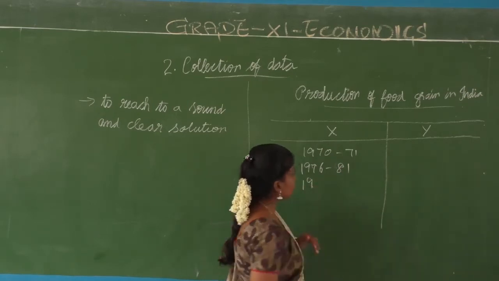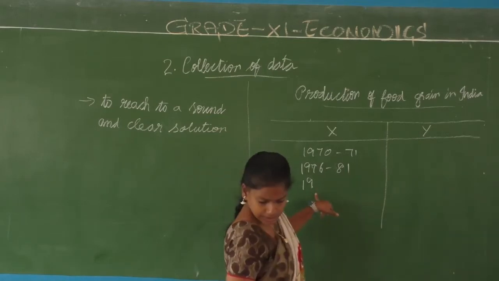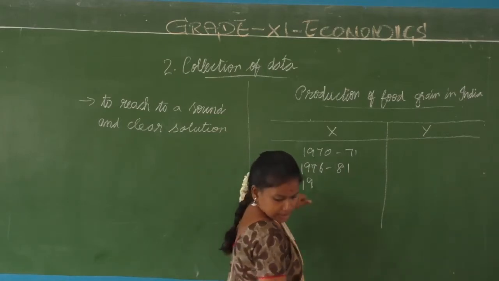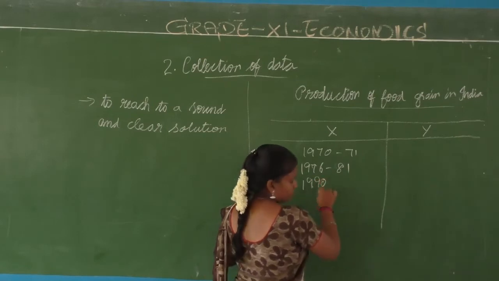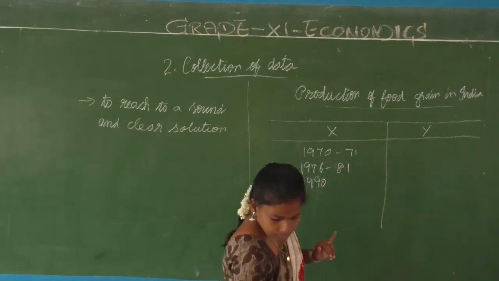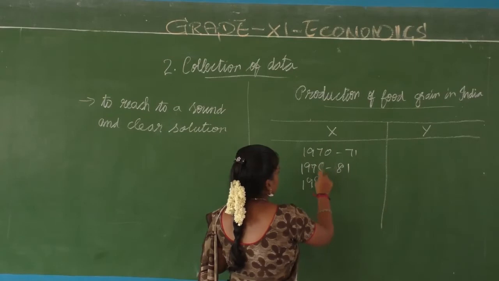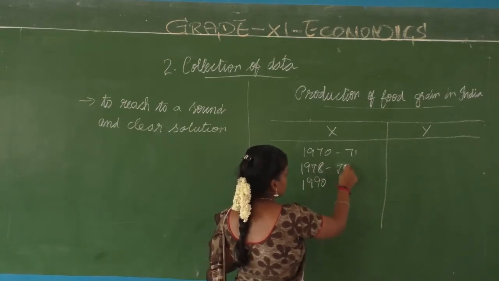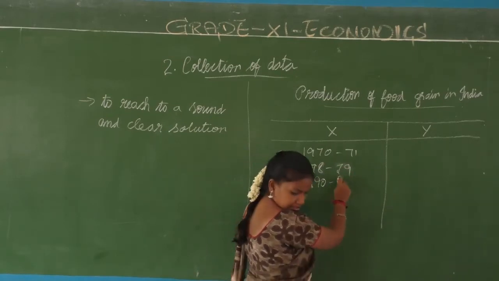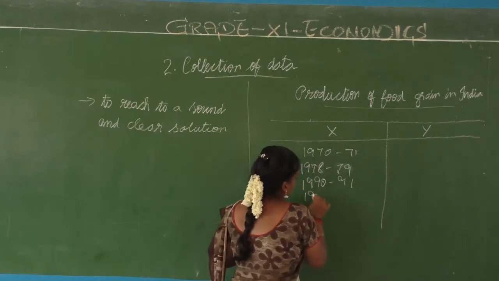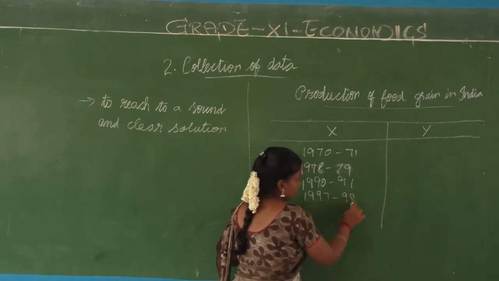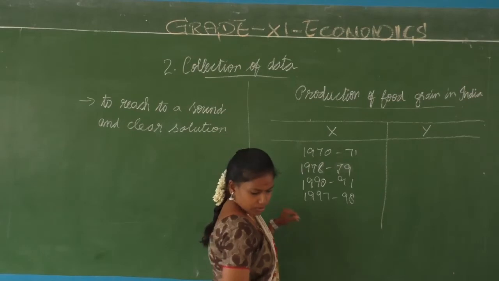Then 1986, 1990. Okay, it is given in different years. 1990, 91, 97, 98.